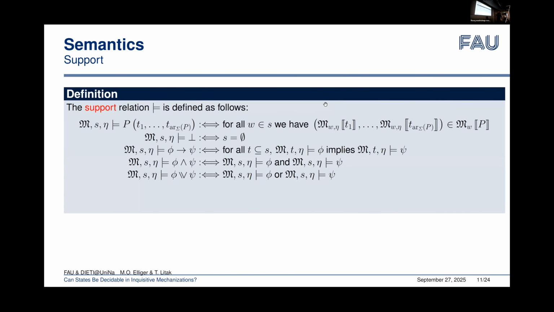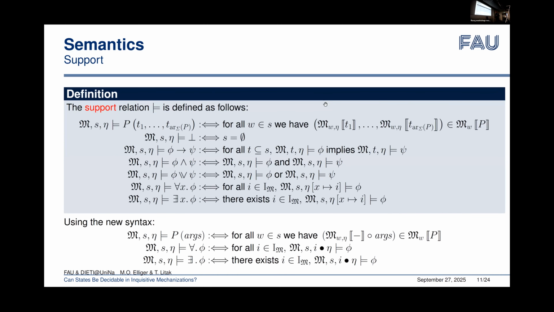And then for first-order formulas, one can say that the denotation of a predicate at a state, this collection of individual models, we interpret as just the intersection of the denotations of relational atoms in the individual models that the state consists of.